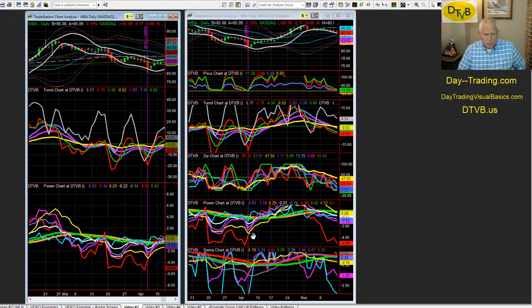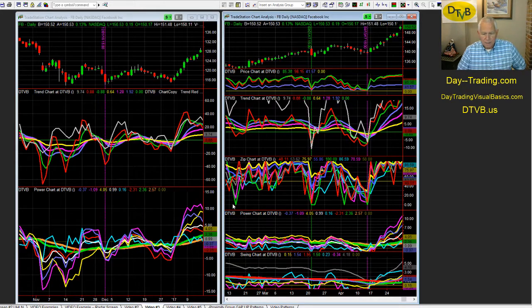And you know that when you have zip yellow and power yellow lowest both going up, that you have a nice uptrend. In this case, we just have one of them, and if you watch the zip line, you can ride that for several days in trading if you want. But that's the basic idea on having those three down low.